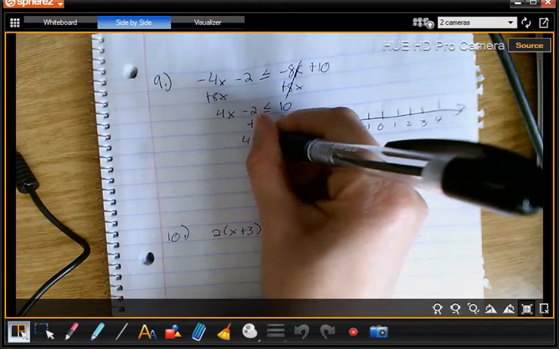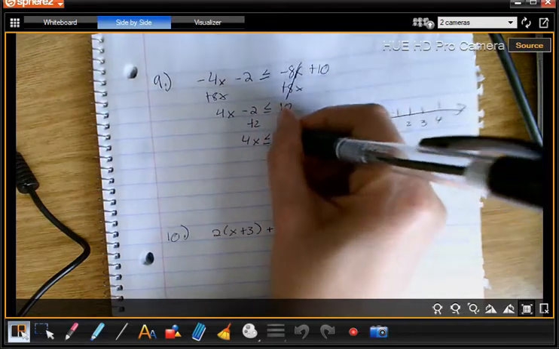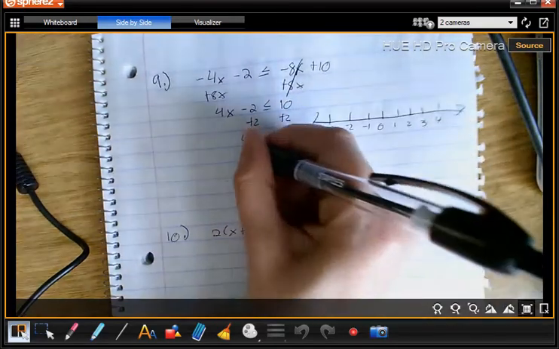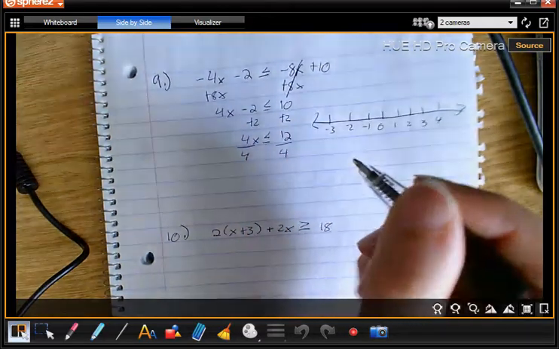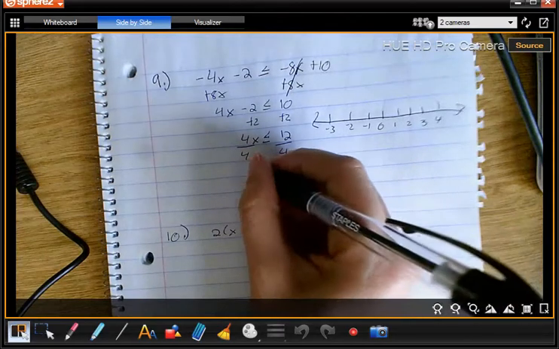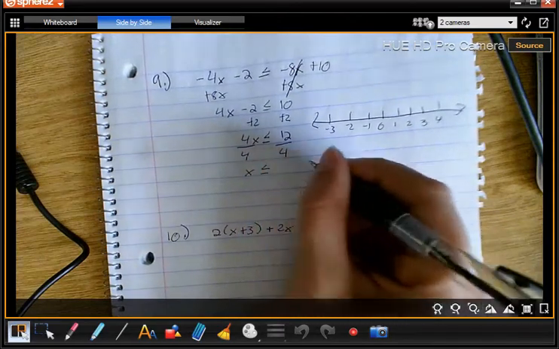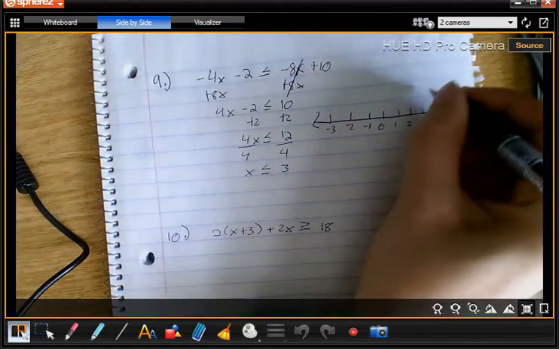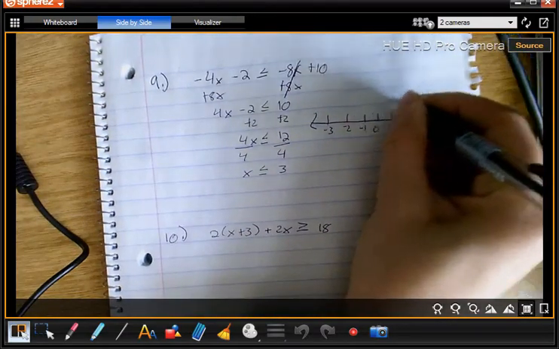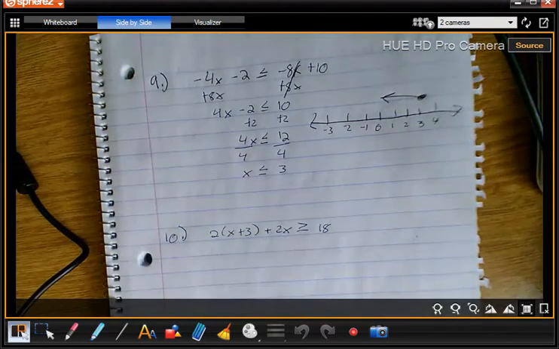I'm going to end up with 4x is less than or equal to 12. I'm going to divide both sides by 4. And I am going to get x is less than or equal to 3. So I'm going to put a closed circle over 3, and x is less than or equal to it. So it points in that direction.